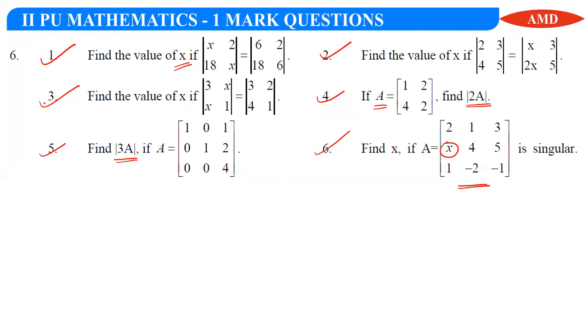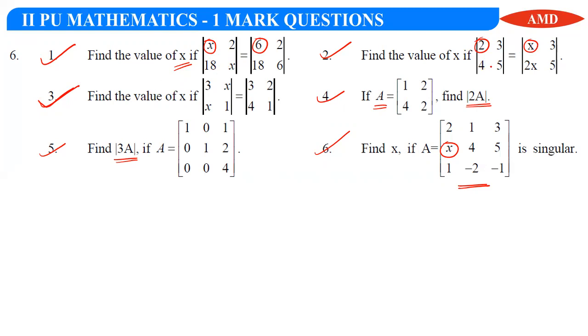Here, let me try the third question. Usually students sometimes make mistakes. The common mistake people make is they will simply equate x equal to 6. In the first question, it will definitely be correct. In fact, if you check the second question also, if you say x equal to 2 and equate the corresponding elements, you will get the right answer, 2 itself.